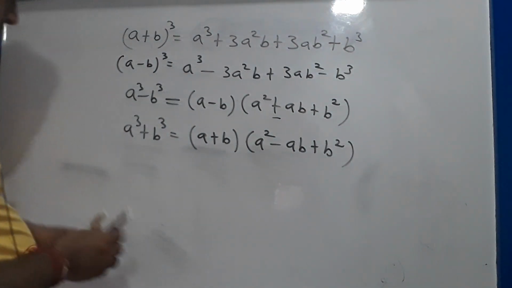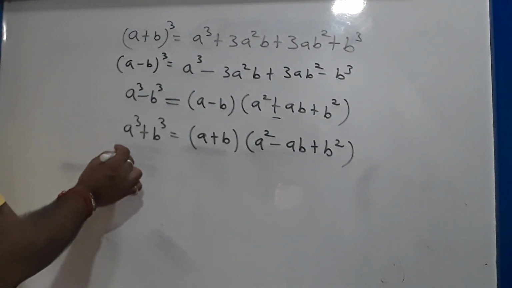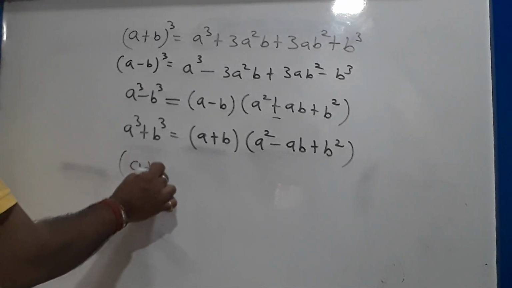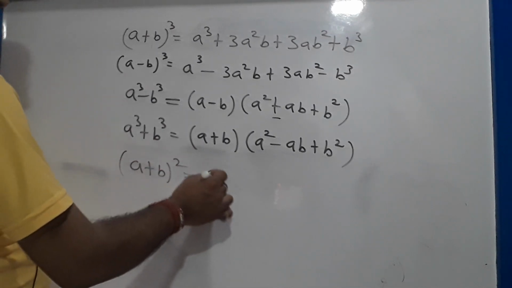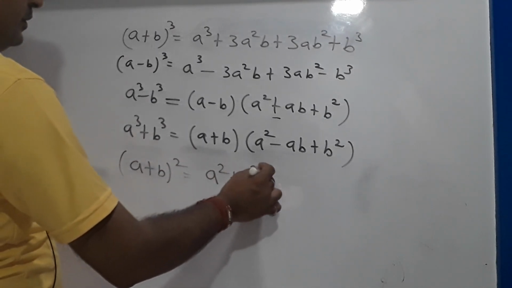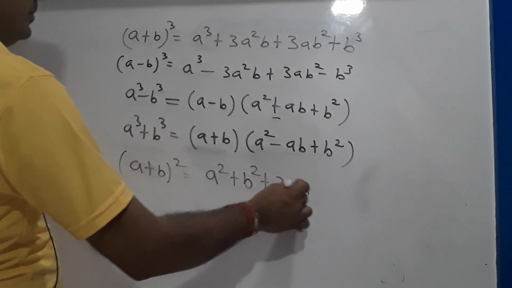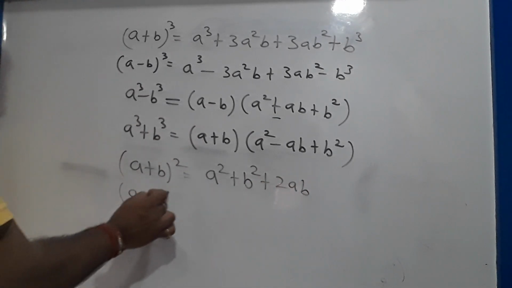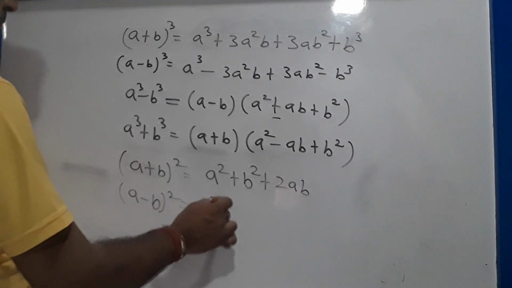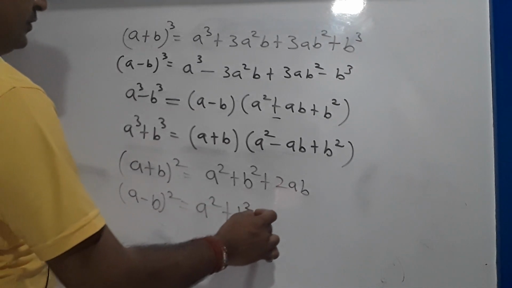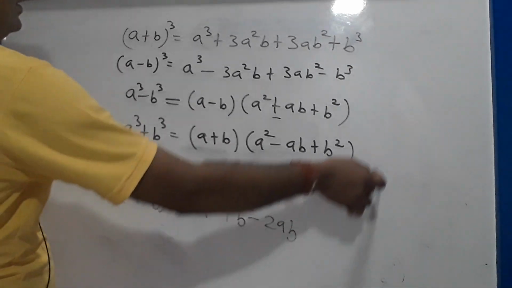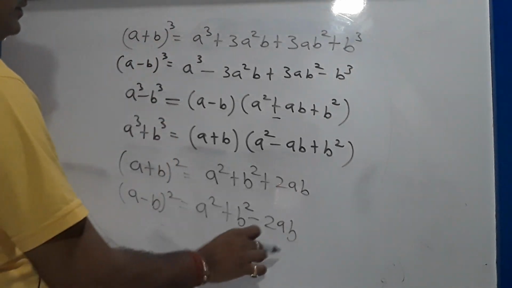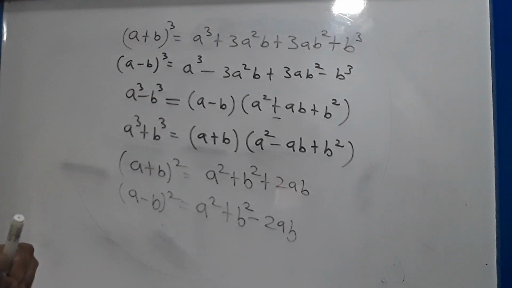Then a plus b whole square is a square plus b square plus 2ab. a minus b whole square is a square plus b square minus 2ab. So these are basic formulas which you have to remember.